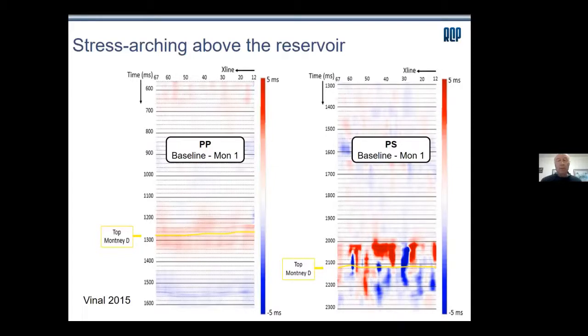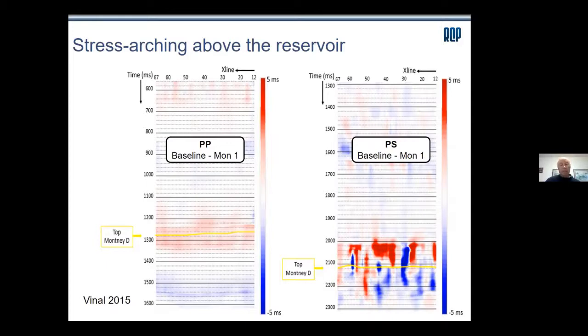So is this theoretically achievable? Yes. We did some modeling. Do we observe these changes in reality? And the answer, we think, is yes. On the compressional wave data, or what we call PP, that is P going down, P coming back, that is the vertical ground motion that's sensed at the surface by the receiver.